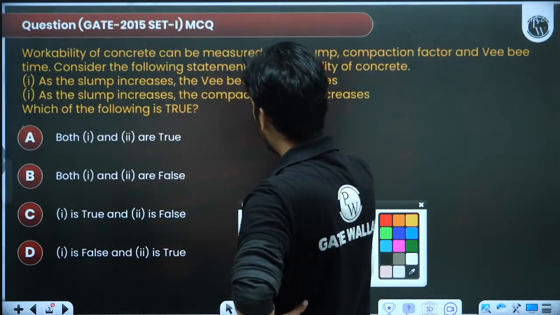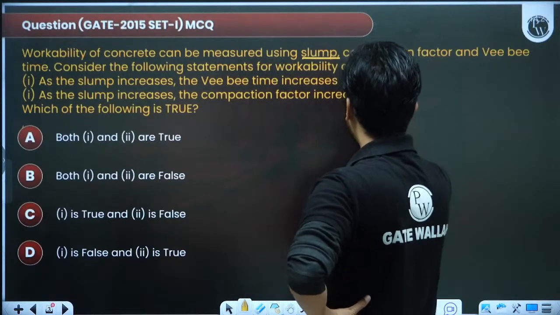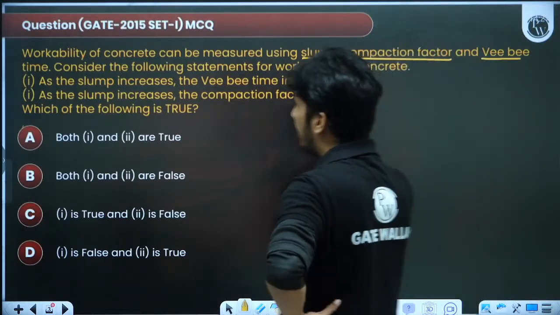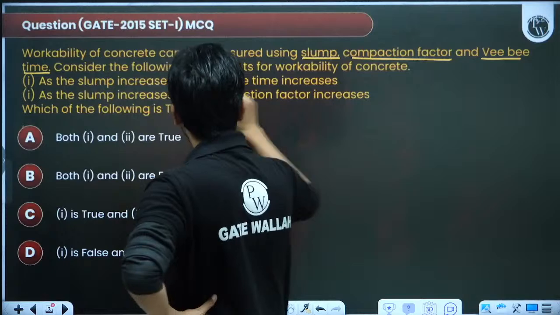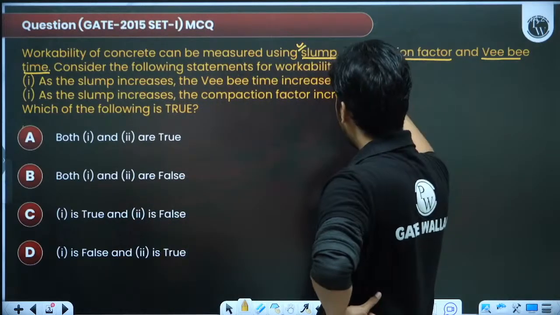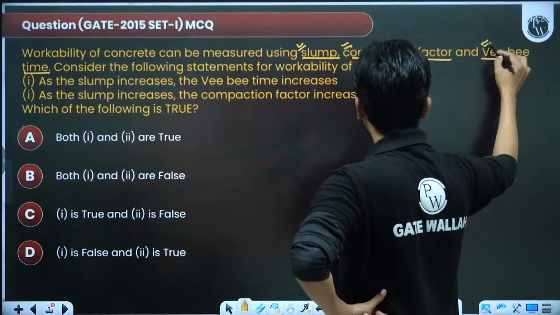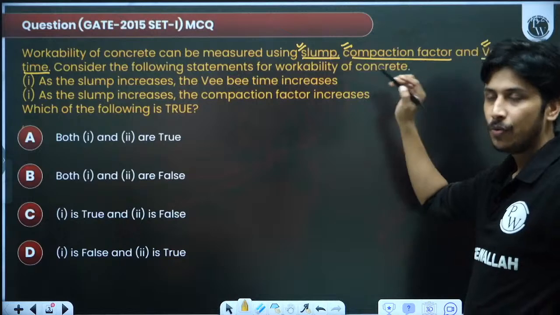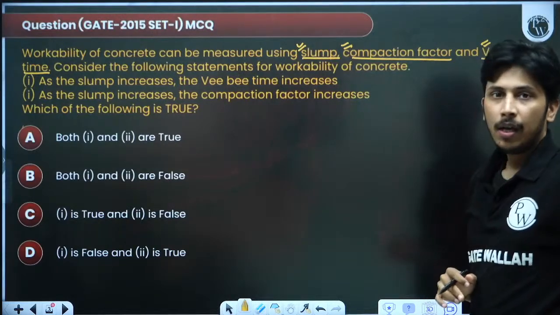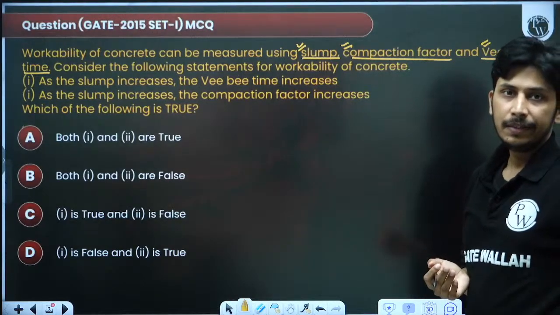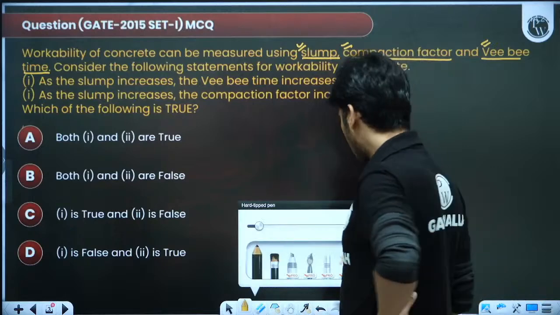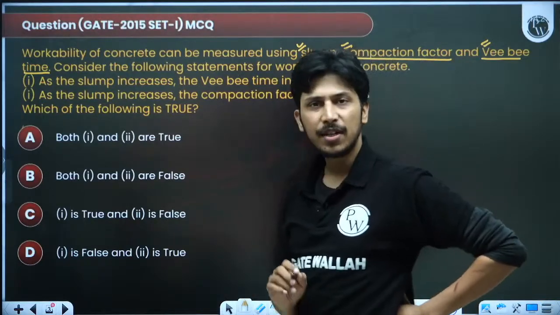Workability of concrete can be measured using slump, compaction factor and VB time. 3 tests are needed to check the workability. Is any more test there? Yes or no?